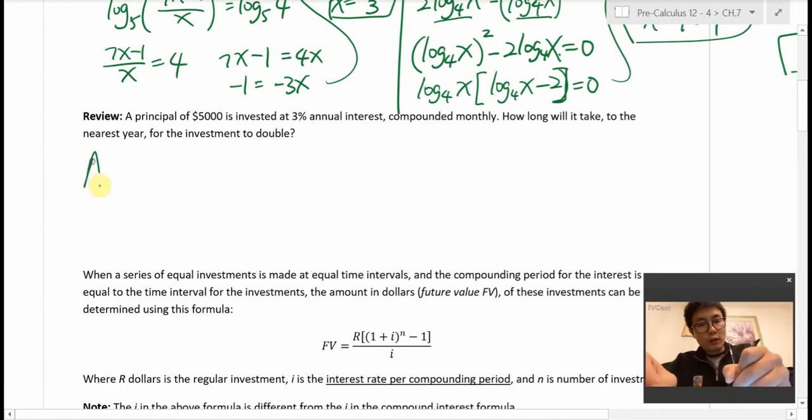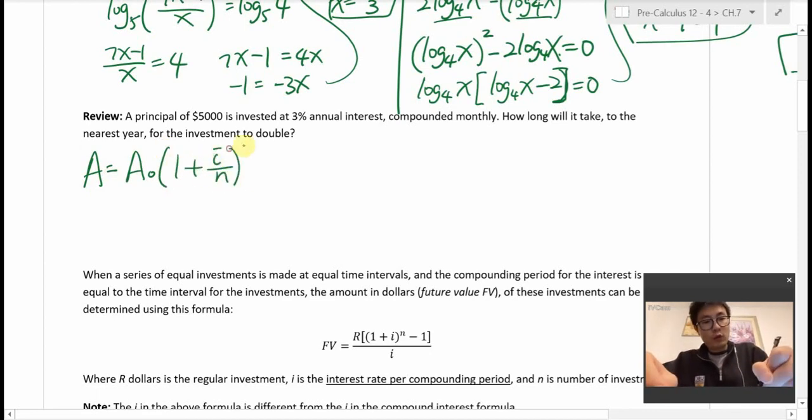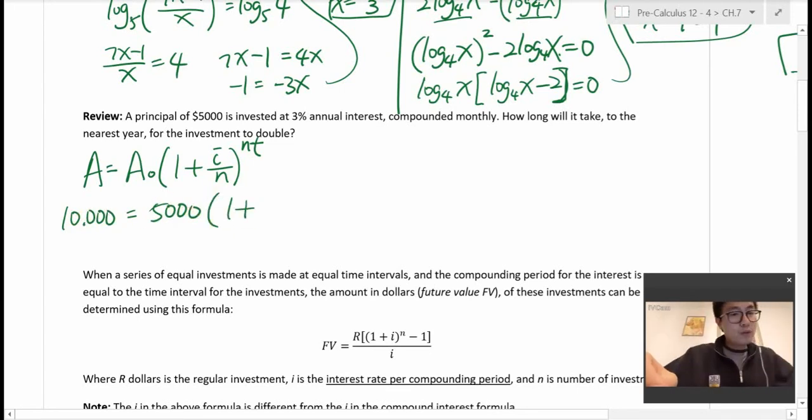Recall, the formula that we learned was A equals A0 times 1 plus i over n, to the power of nt. If we want to double, that means we will end up with $10,000. We start with 5,000, times 1 plus the interest rate, which is 3%, so 0.03, divided by n.